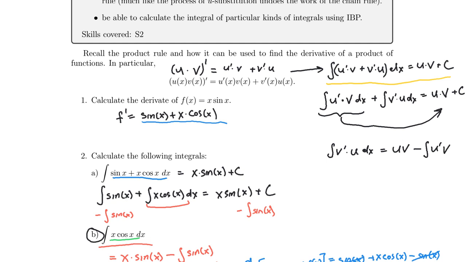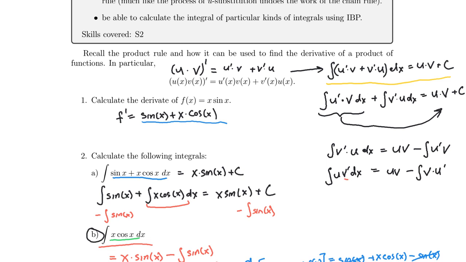More classically, we tend to write this in the following two ways. So we either write, I'm just going to flip the position of u, and then we get u v prime dx equals uv minus the integral. Here we get v, and then there's our u prime.